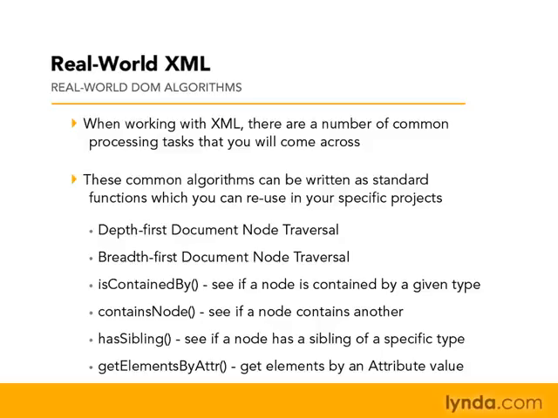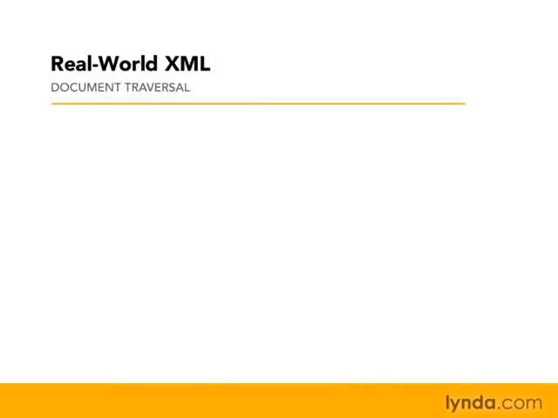You can use that to see if a certain node or an element in a document contains another node, either of a given type or a specific instance. The hasSibling function is used to see if a node has a sibling of either a specific type or a specific instance. And then finally, the getElementsByAttribute function can be used to get elements if they have an attribute that matches a specific value.